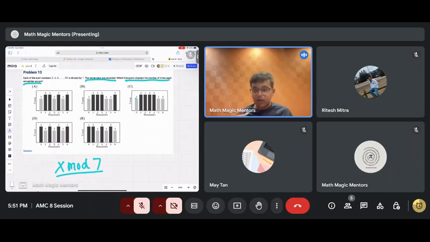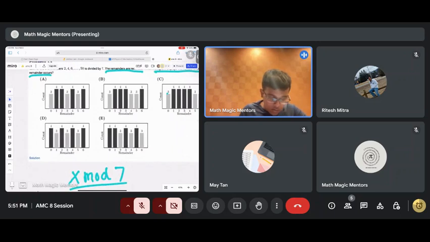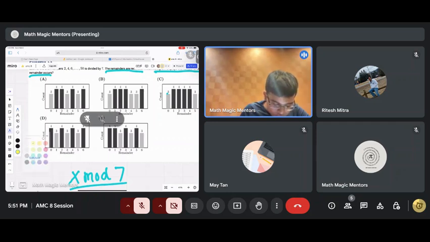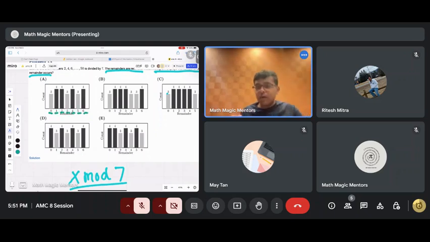So basically, we should first learn how to read a histogram. What the histogram does is give you the remainders on the bottom: 0, 1, 2, 3, 4, 5, 6. Obviously you can't go more than 6, because 7 mod 7 is 0, so it just repeats from 0 to 6 again and again.